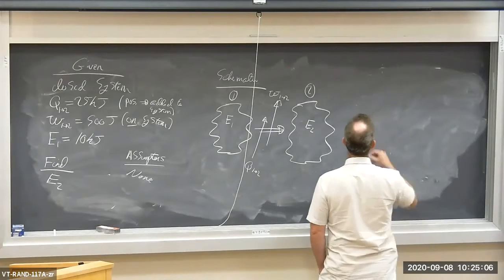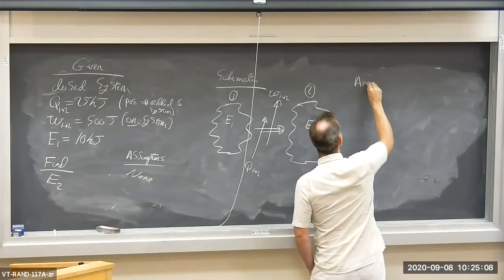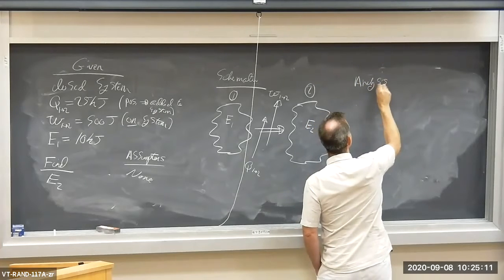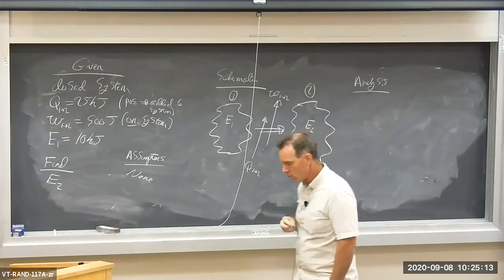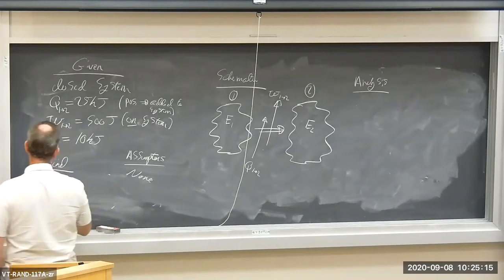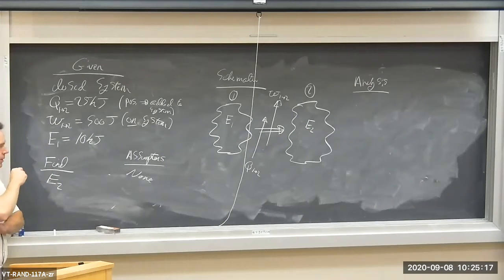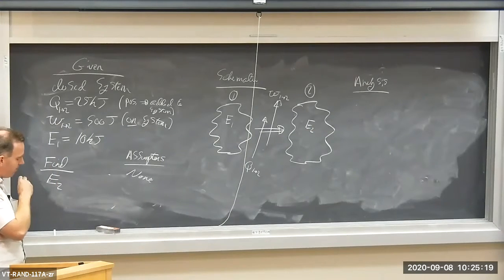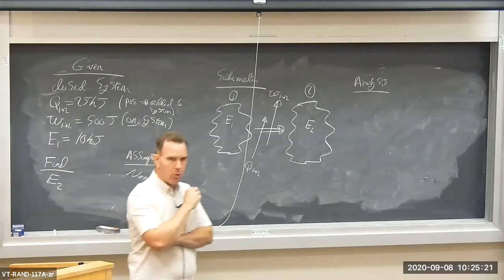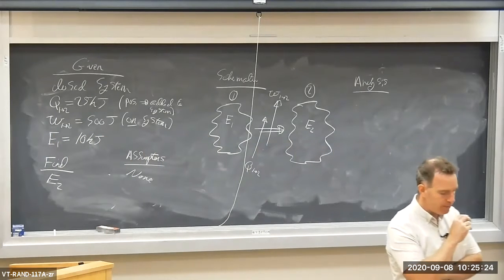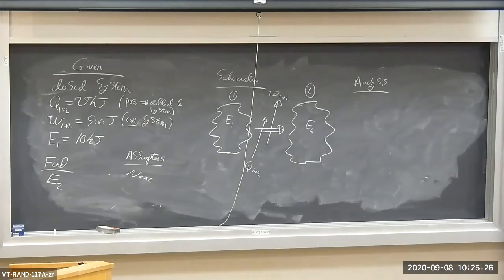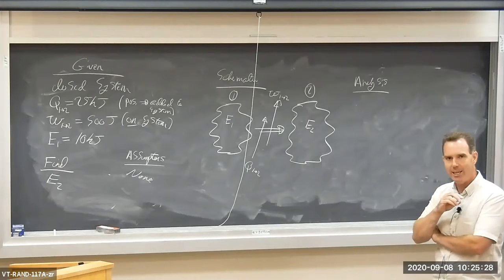Okay, so let's begin here. Analysis. So we want to find an energy, and we have a bunch of works, and we have an initial energy. We want to find the final energy. So clearly the energy balance is involved here. We have energies and energy transfers, and we're trying to relate them.